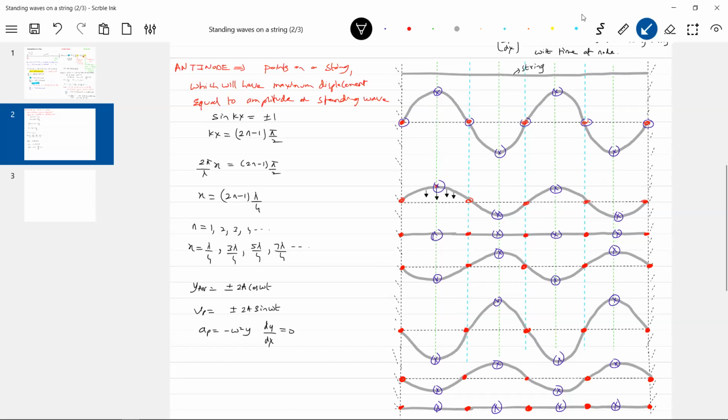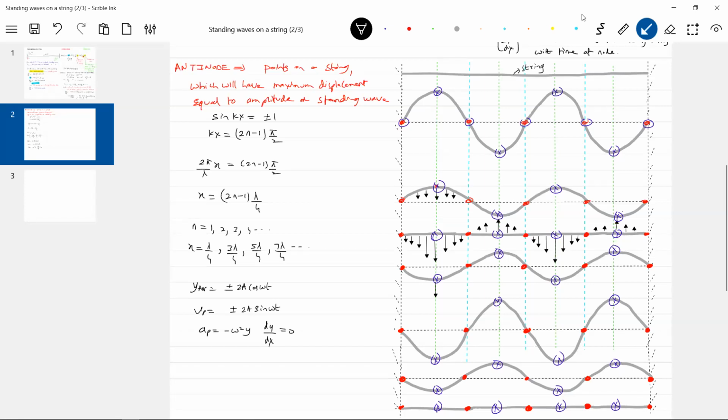Velocity of... so here I can show clearly. Okay, fine.